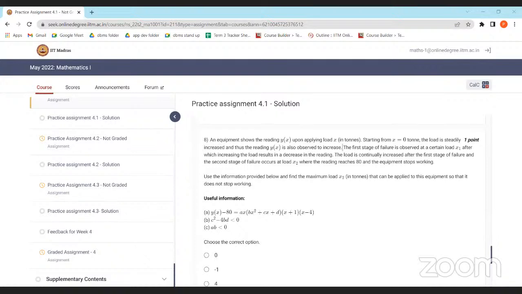When the reading reaches 80, it stops working. At y of x equal to 80 it will stop working, and then the equipment starts working again from this range, from y of x to minus 80, right? So we have been given this equation.